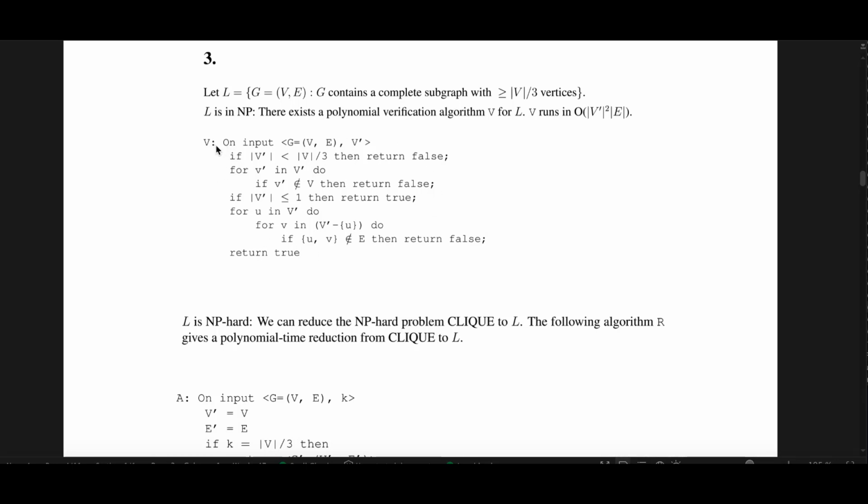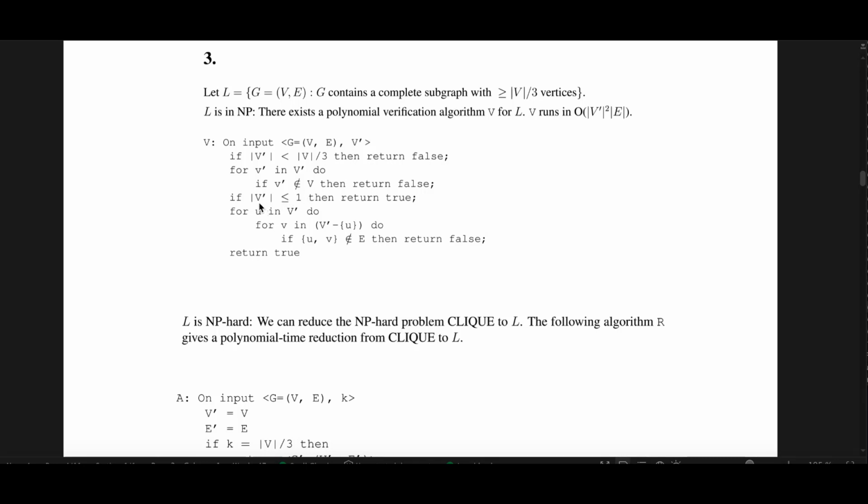This is the pseudocode. On input G = (V, E), V+: if V+ is smaller than V over 3, then return false. For each v+ in V+ do: if v+ doesn't belong to V, then return false.